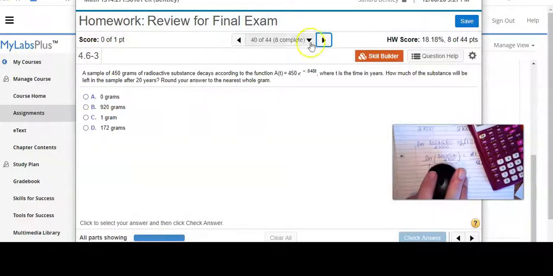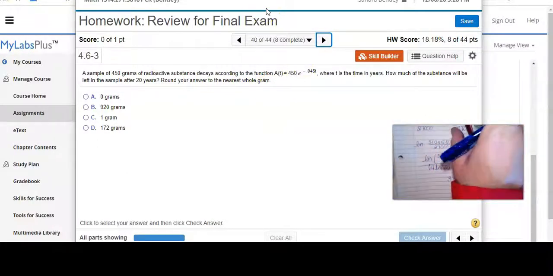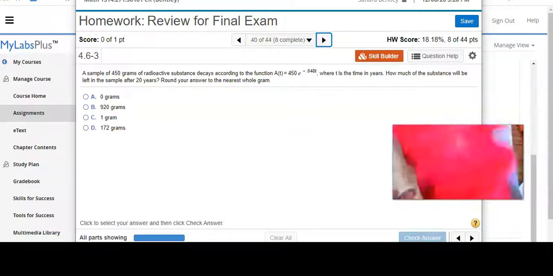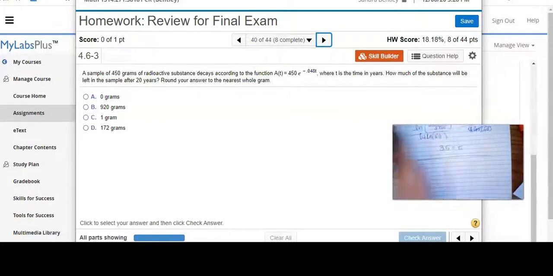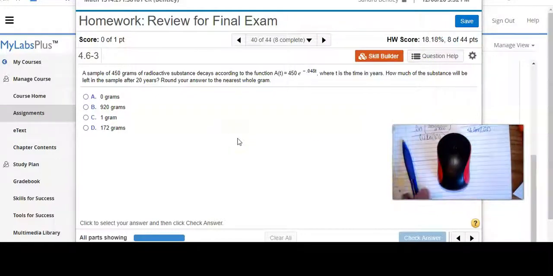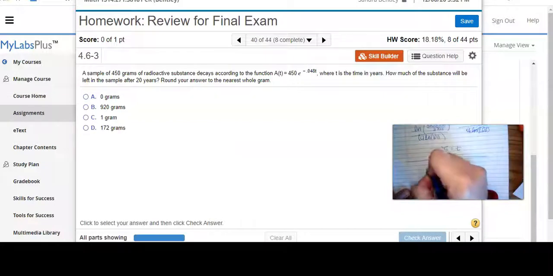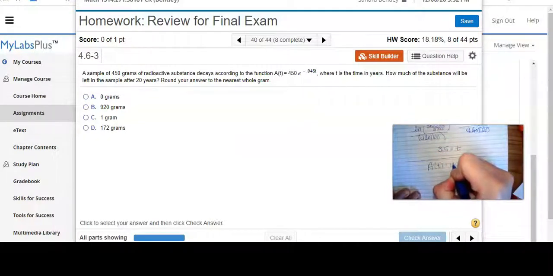All right, a sample of 450 grams of radioactive substance decays according to the function A of t equals 450 times e to the negative 0.048t, where t is time in years.